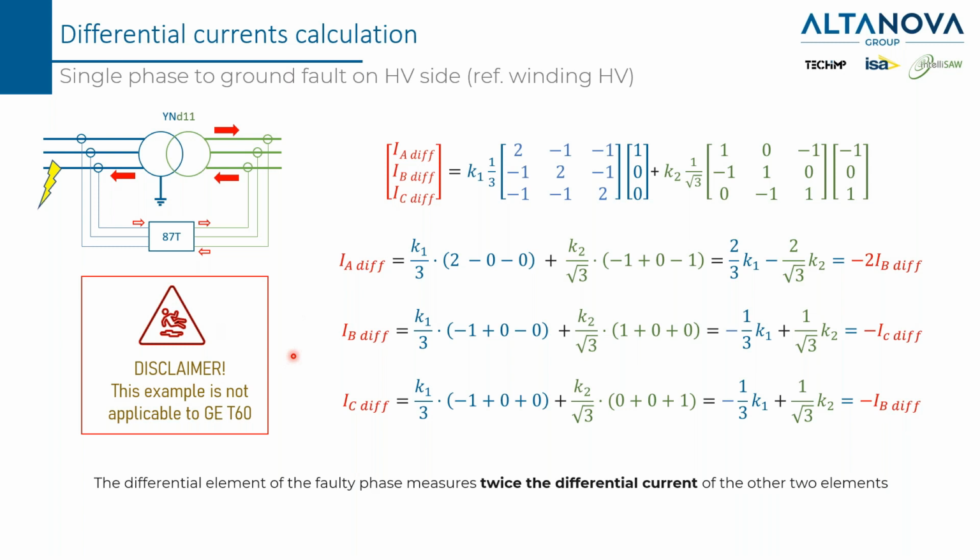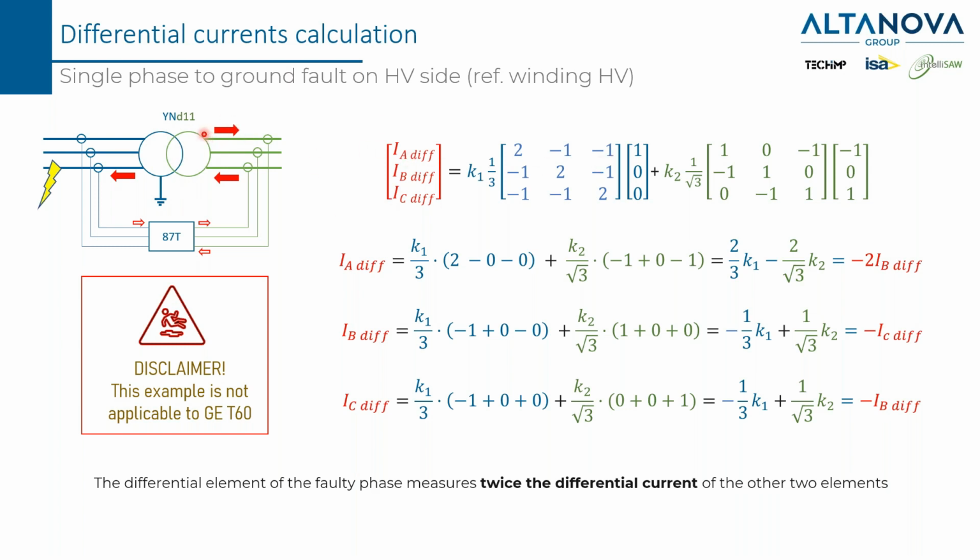Just a disclaimer, this example is not applicable to the General Electric T60. So this is not a calculation that this relay will do, for a very simple reason: if there is a delta side in the vector group, this will be the reference winding. So it's not possible to set into the relay the possibility to change.